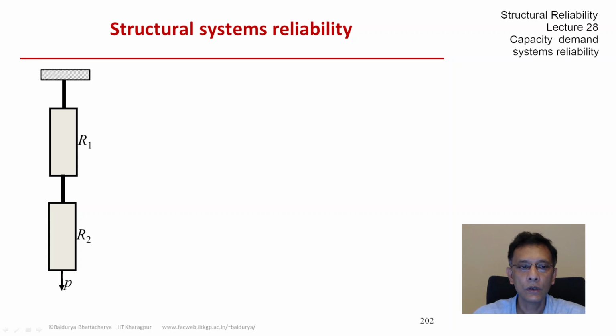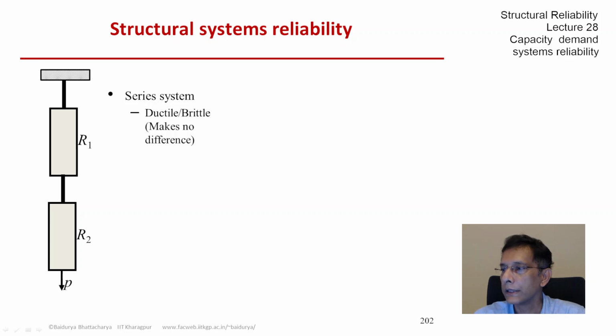R1 and R2 are random variables, and now there would be a question: what is the material behavior? Are these ductile, are these brittle, or are they somewhere in between?